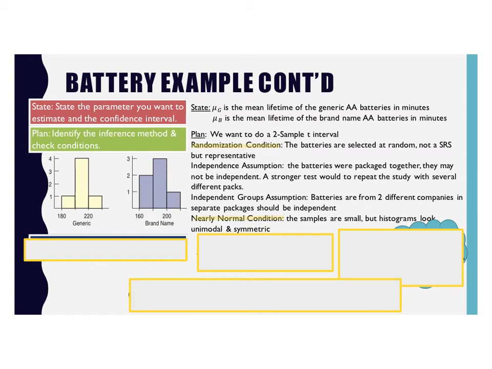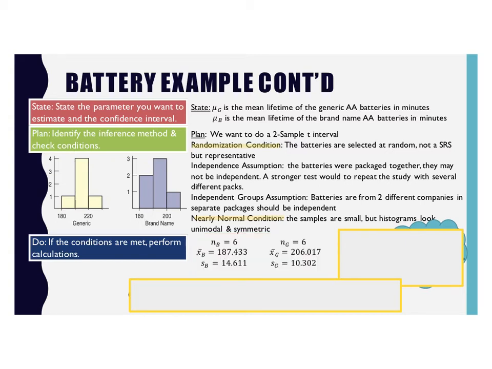Next, our do step. If our conditions are met, we're going to perform the calculations. On the previous slide, we were given the table of the data. So what we're going to do is enter that data. List 1, we're going to put the generic battery lifetimes, and for list 2, we're going to put the brand name. When I run my 2 variable stats, notice my n sub b, meaning my brand name, is 6.